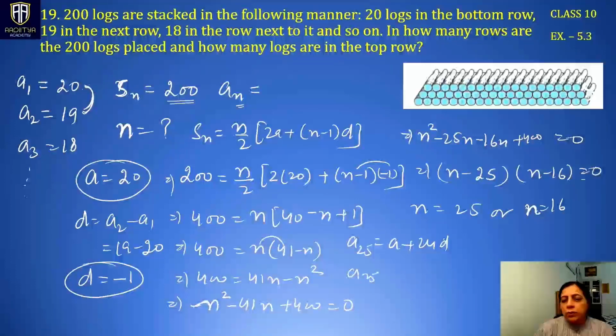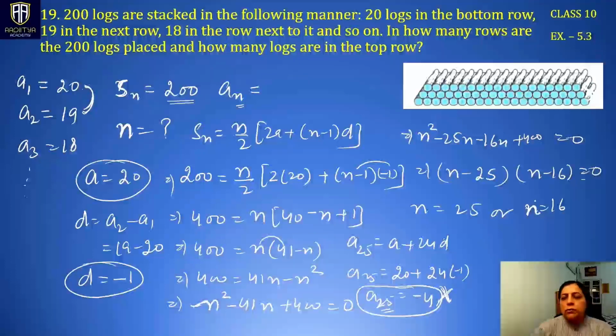A is 20, 24 times d, and d is minus 1. So you can see A25 is negative 4. 20 minus 24 is negative 4, which is not possible. The number of logs in the 25th row is coming out to be minus 4, which is not possible. We cannot have a negative number of logs. So we rule out this option, right?